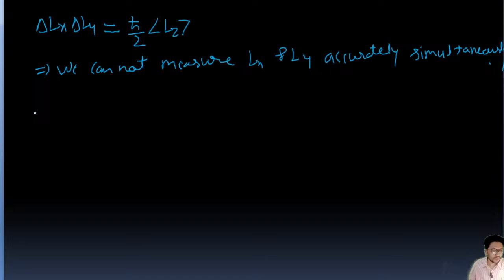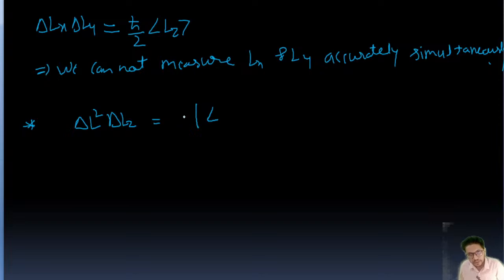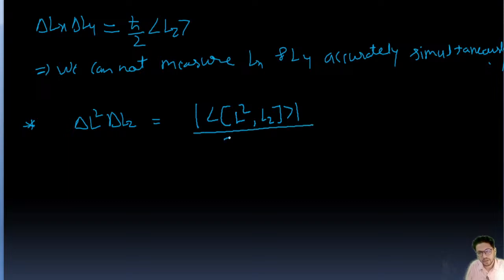Now for this example, for next we'll take delta L square and delta Lz. This is going to be h cut by 2, we can write similarly: mod of the expectation, the average of the commutation of L square and Lz, upon 2.